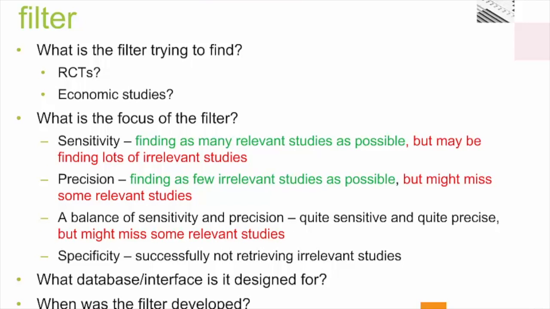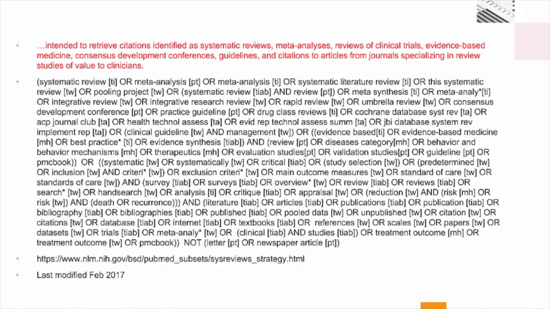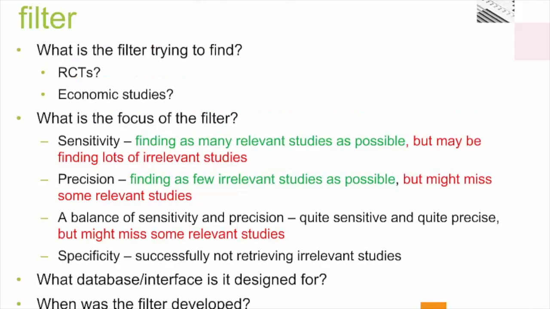So if we think about the first topic first, it's really important when reading a search filter paper to try and work out what the objectives of the filter were. So first of all, what was the filter trying to find? Was it trying to find randomized controlled trials, economic studies, some other study design, or some other issue?